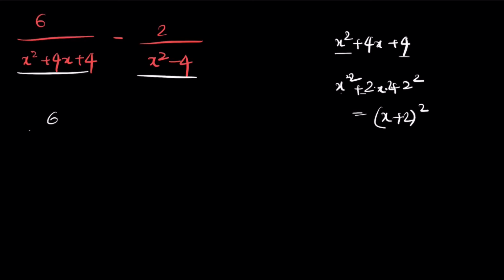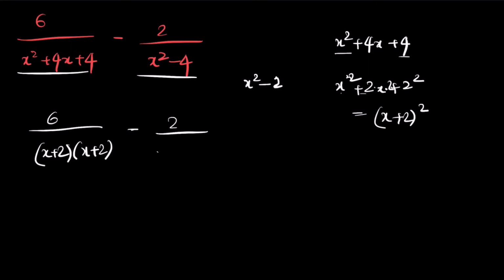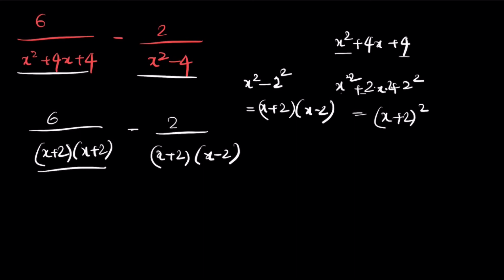So this can be written as 6 by x plus 2 times x plus 2 minus 2 divided by x square minus 4, which becomes 2 square again. So x square minus 2 square. So which can be written as x plus 2 times x minus 2. So you have x plus 2 times x minus 2. Notice here the denominator is missing x minus 2.